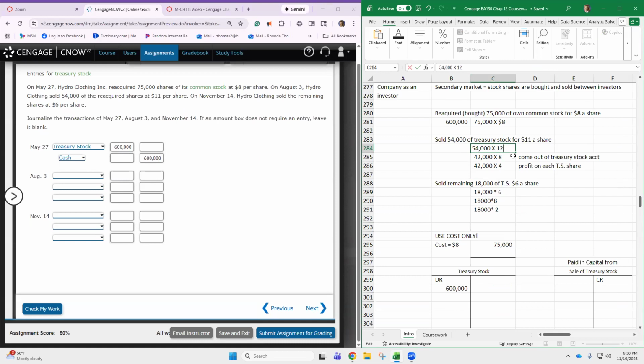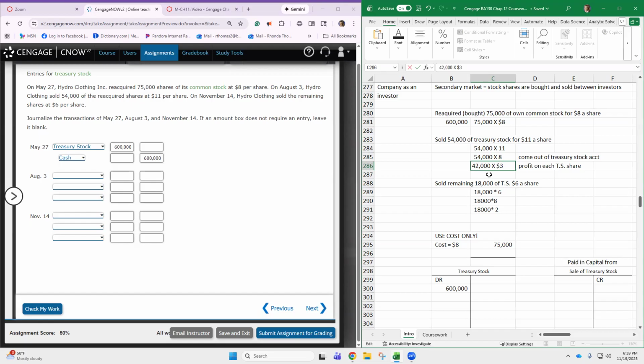We have a certain amount of that, and then we're actually going to record the shares coming out of the treasury stock account at the $8 cost. So we're making a $3 profit, basically, on all of the shares that we're selling, right?